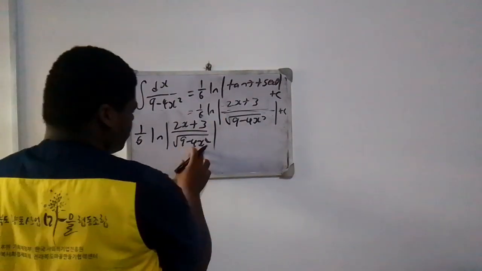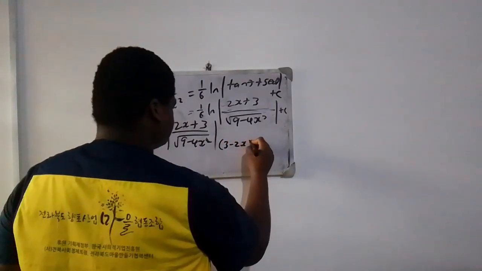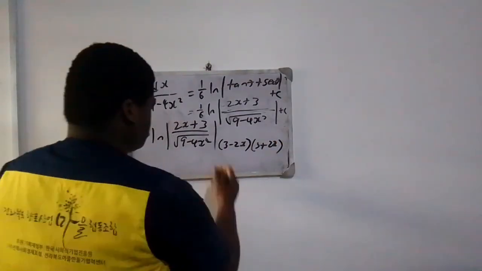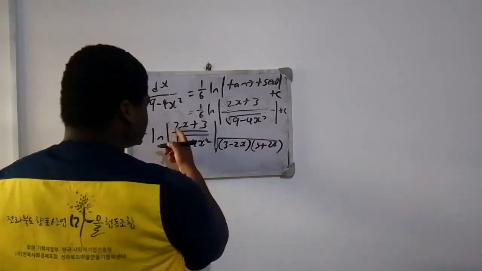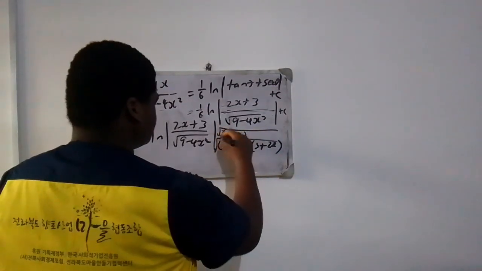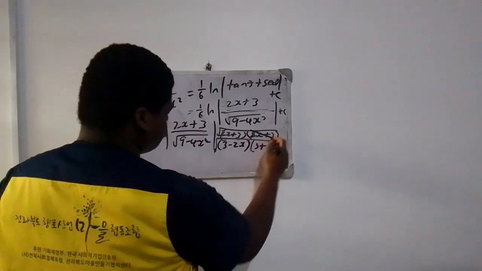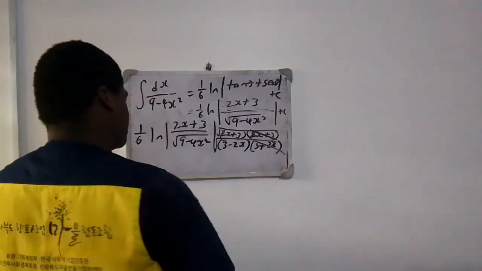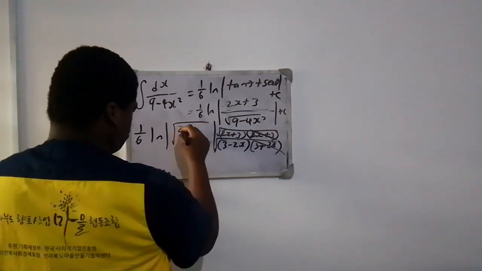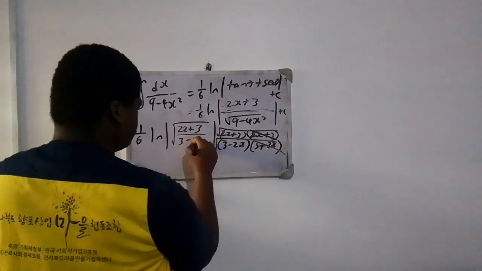Now, this 9 minus 4x squared is the same thing as 3 minus 2x times 3 plus 2x. So you have the square root here. And this 2x plus 3 is the same thing as the square root of 2x plus 3 times 2x plus 3. So here we cancel out 3 plus 2x. And what will remain inside this bracket is the square root of 2x plus 3 divided by 3 minus 2x.